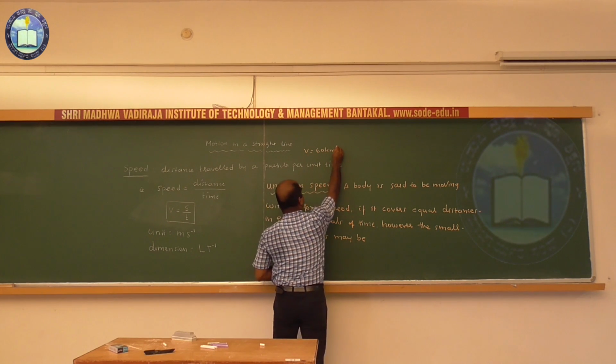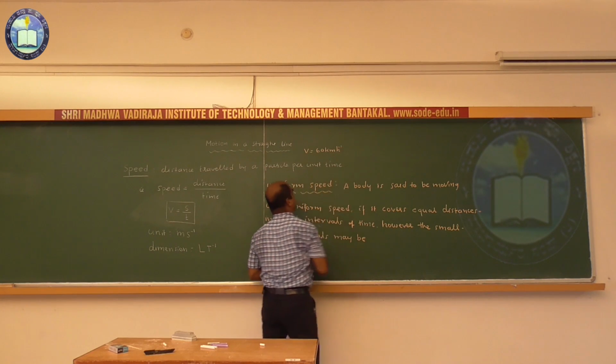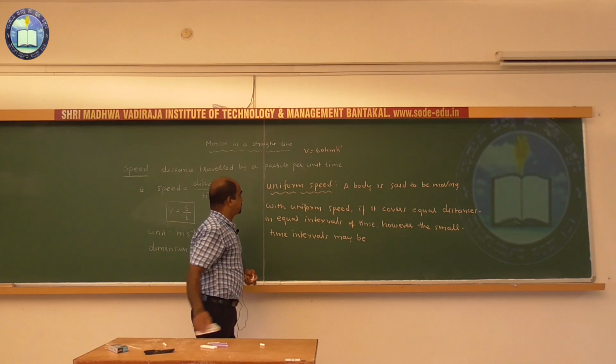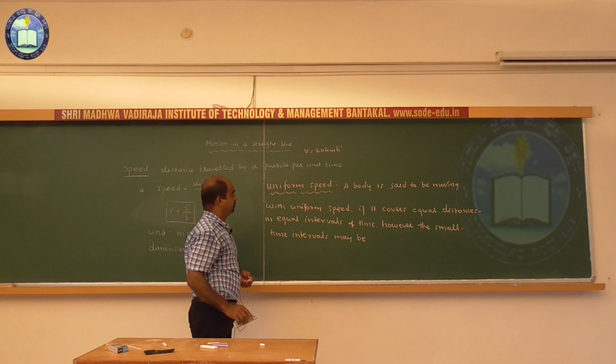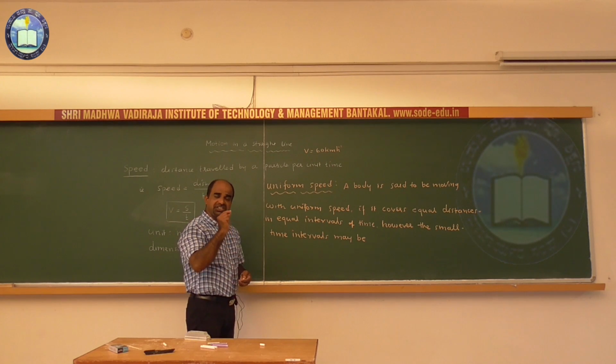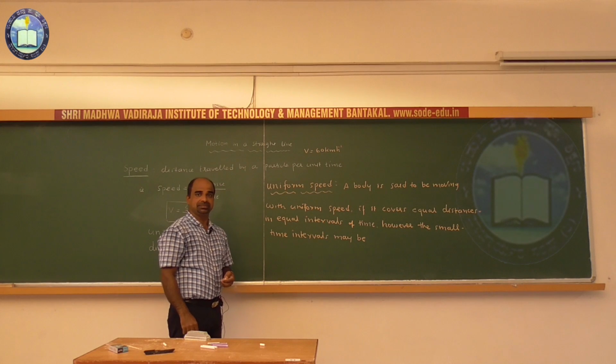Say, assuming uniform speed of the car, V is equal to 60 km per hour. We assume the speed of the car is uniform. Then what is the distance traveled by the car in time 2 hours?